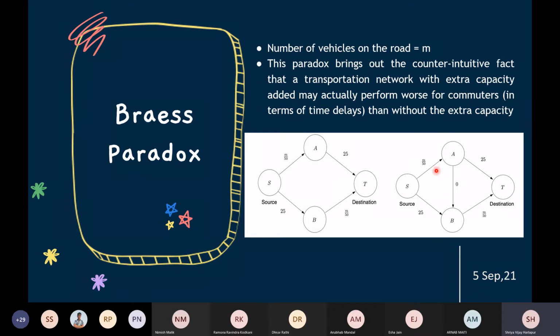And so that adds up, and that's what this paradox is.